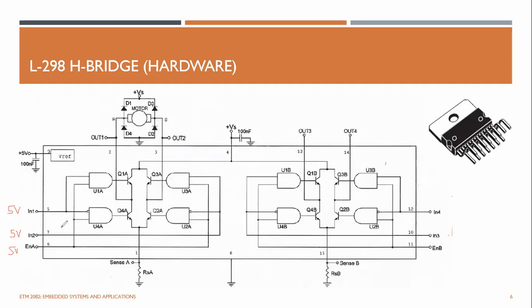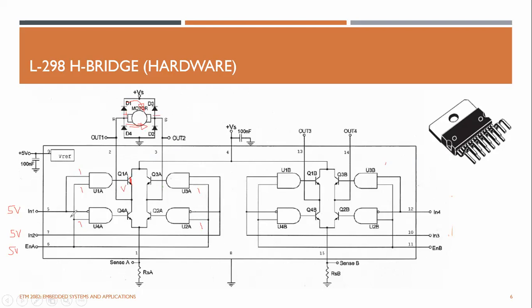Assume that the motor was running in this direction, plus and minus, clockwise rotation. Let's say you want to stop the motor fast. So this is logic 1, this is 1, enable is 1, and this is also 1, and this one is 1. So this transistor will be turned on.